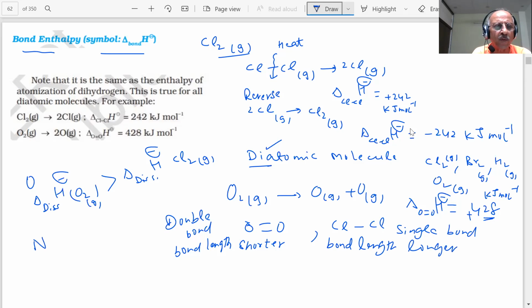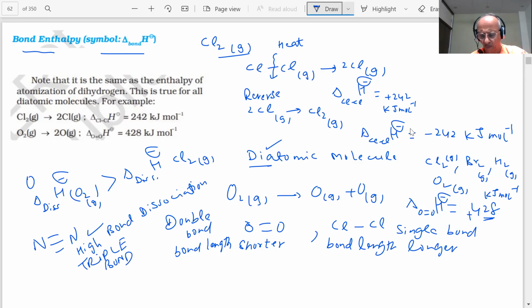If you take N2, this is a triple bond, so it will have very high bond enthalpy. The bond dissociation enthalpy of nitrogen will be very high because it is a triple bond.